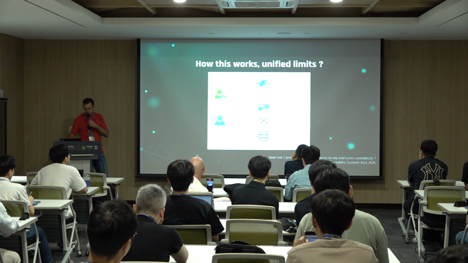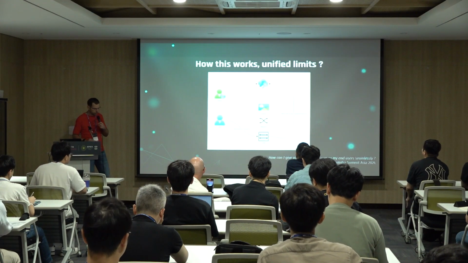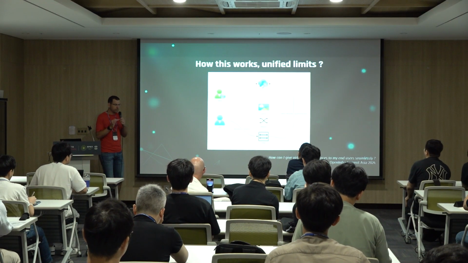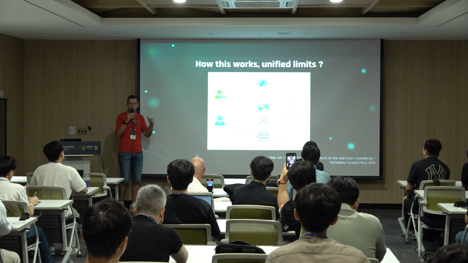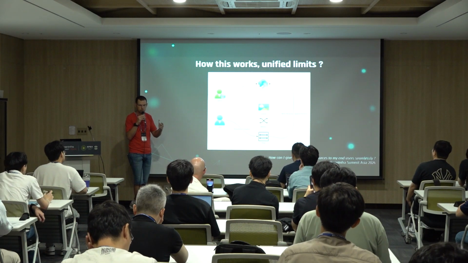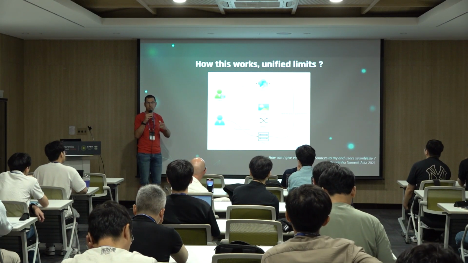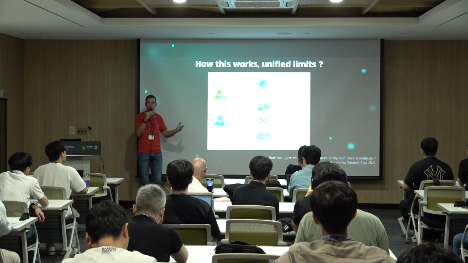One last feature before we run out of time is about unified limits. First, what are unified limits? Unified limits is a cross-project feature from OpenStack, which is currently experimental, where you can define limits of any kind for any kind of resources.